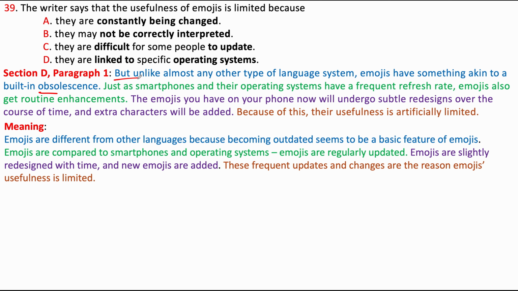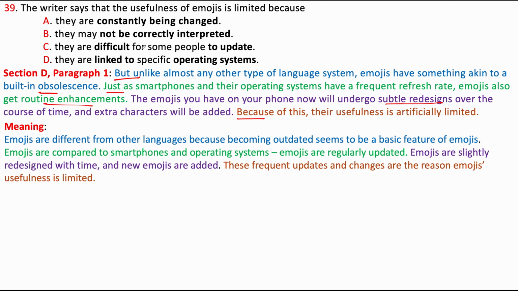Anyway, so the first sentence means that becoming outdated seems to be a basic feature of emojis. The second sentence compares emojis to smartphones and operating systems, saying emojis are regularly updated. The third sentence says that emojis are slightly redesigned with time and new emojis are added. And finally, it says that these frequent updates and changes are the reason emojis' usefulness is limited.